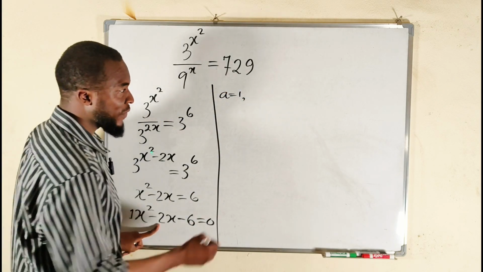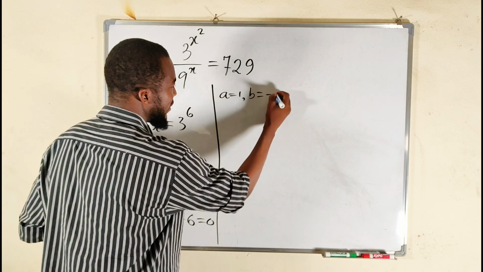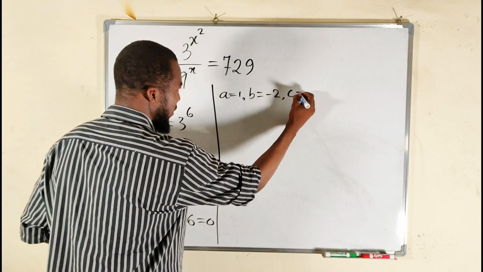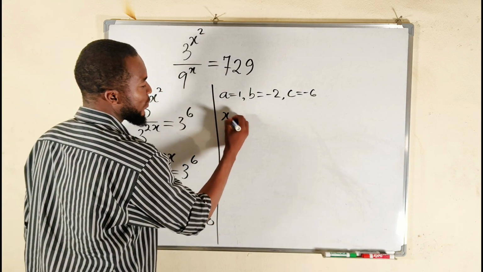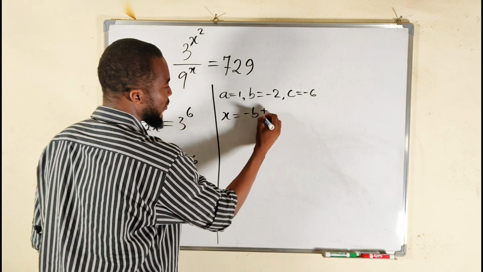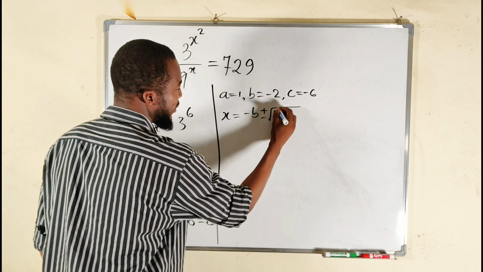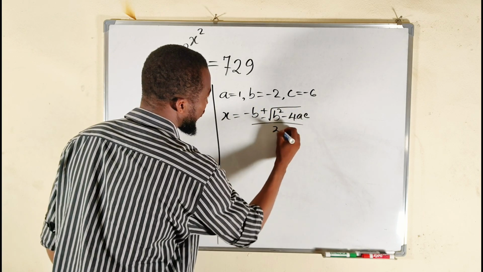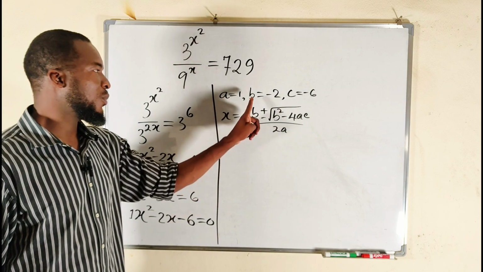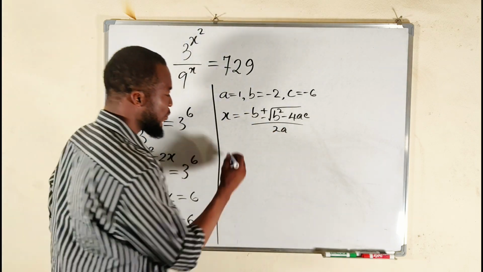B is the coefficient of x, which is negative 2, and the constant is negative 6. Therefore, x will be equal to minus b plus or minus square root of b squared minus 4ac divided by 2a. So let us plug in these values into this formula.